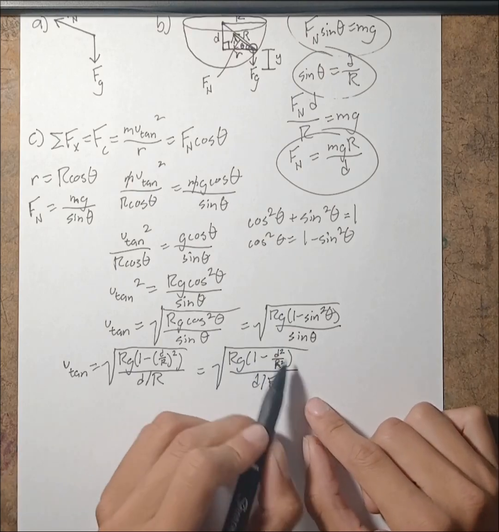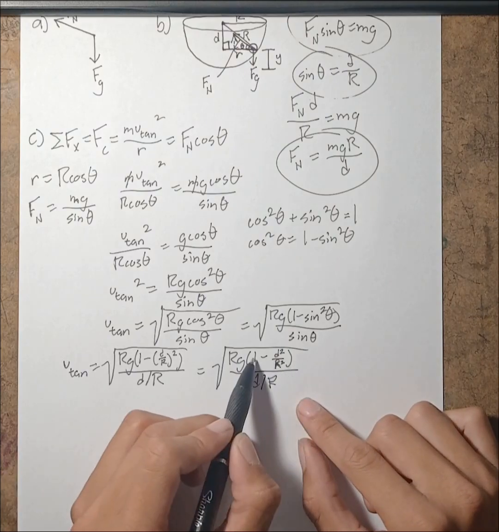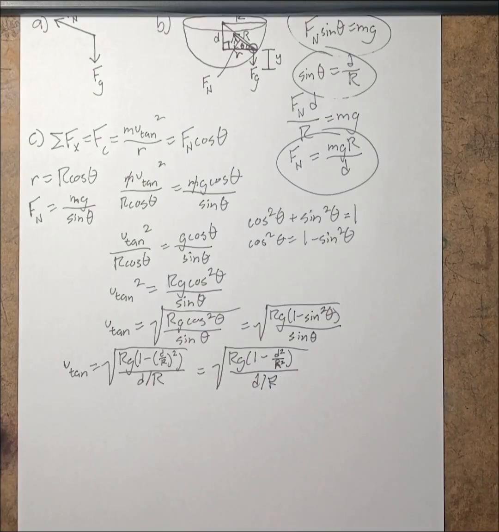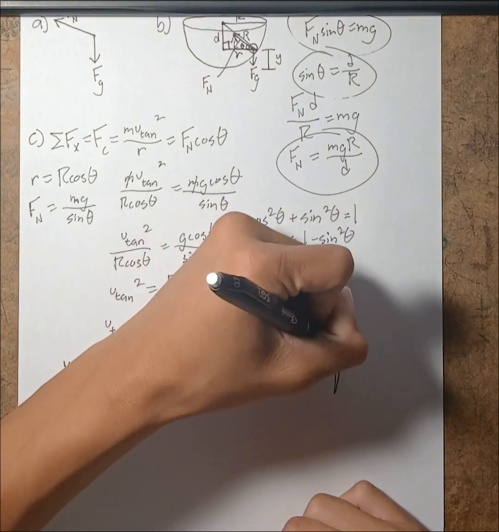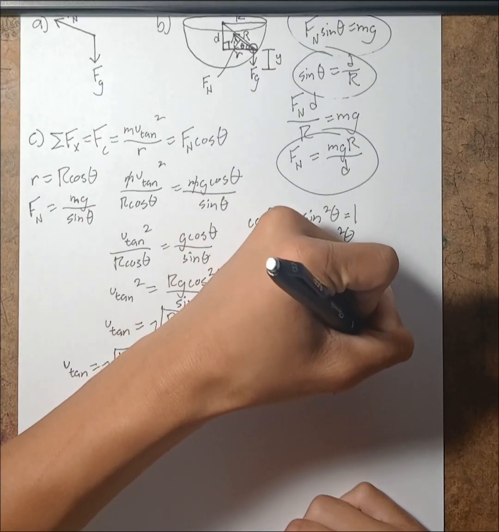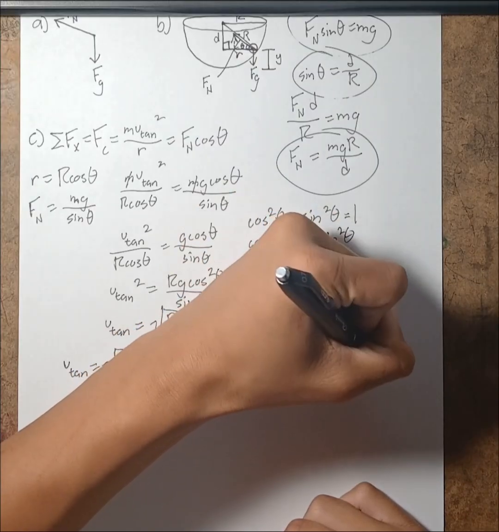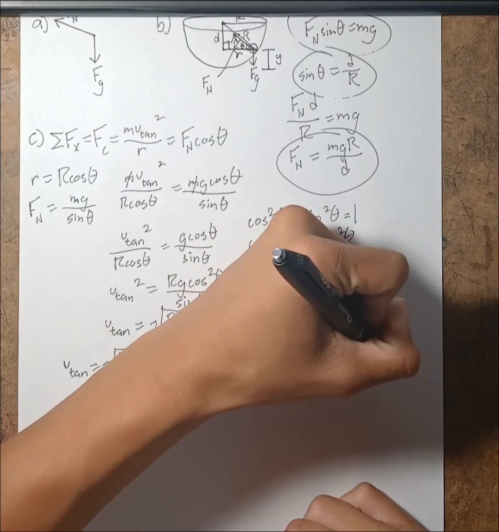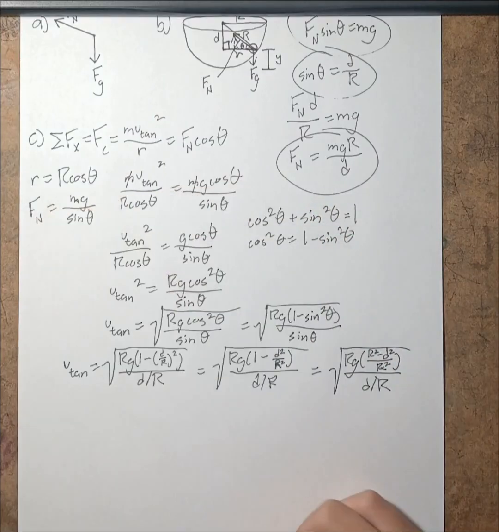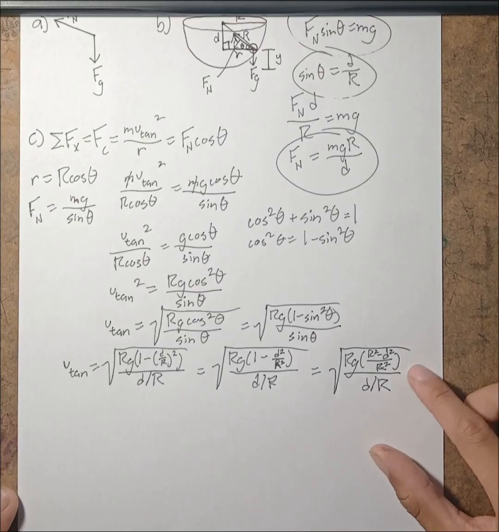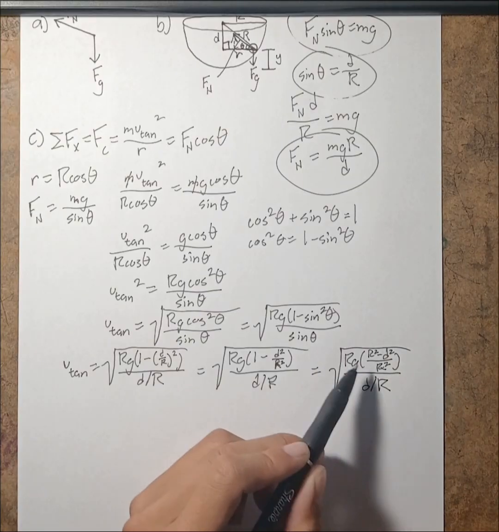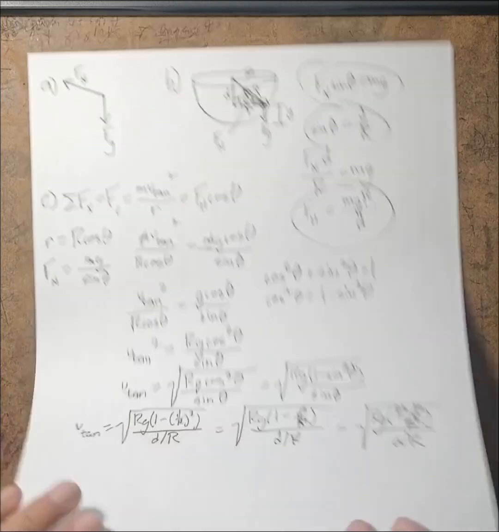And then in this part of the expression, we can find a common denominator for this 1 and this d squared over r squared, which would be r squared. So Rg times r squared minus d squared over r squared, like that, and then over d over r. Since we're dividing by a fraction, that's the same as multiplying by its reciprocal, and so we will multiply these two r's together and the d stays on the bottom.